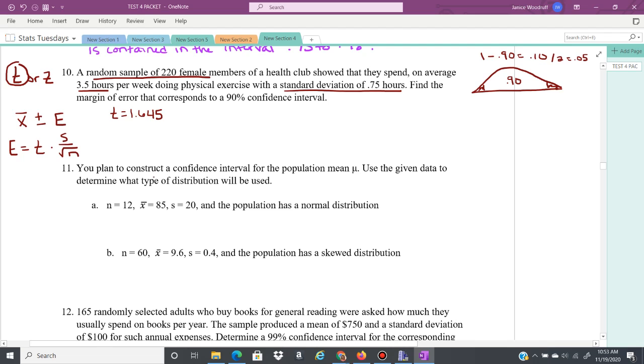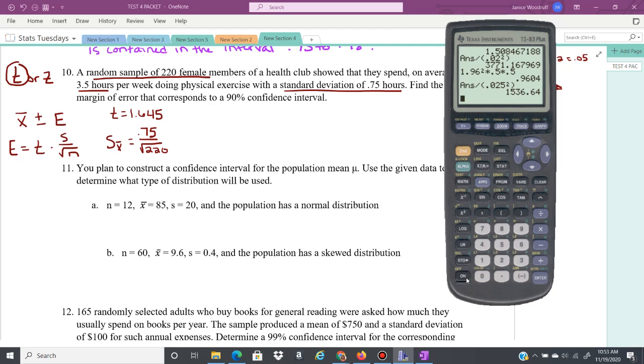So for our margin of error, let's go ahead and first find the sample standard deviation over the square root of n. S is 0.75, the standard deviation here, over the square root of our sample size, 220. So 0.75 divided by the square root of 220 gives us 0.0506.